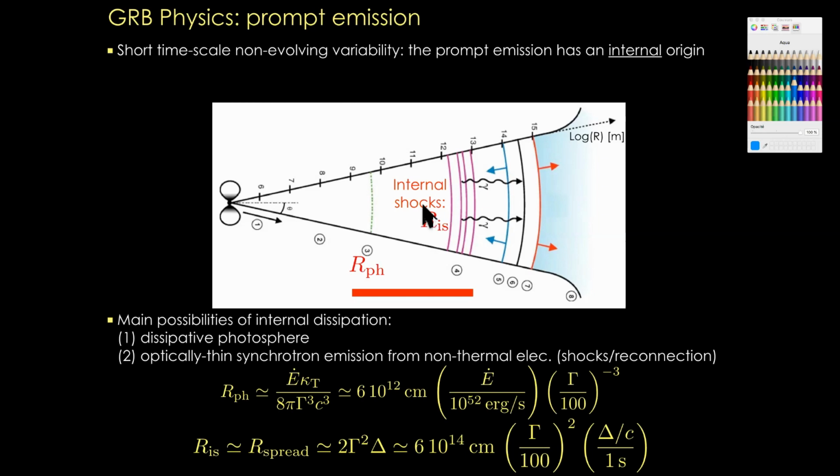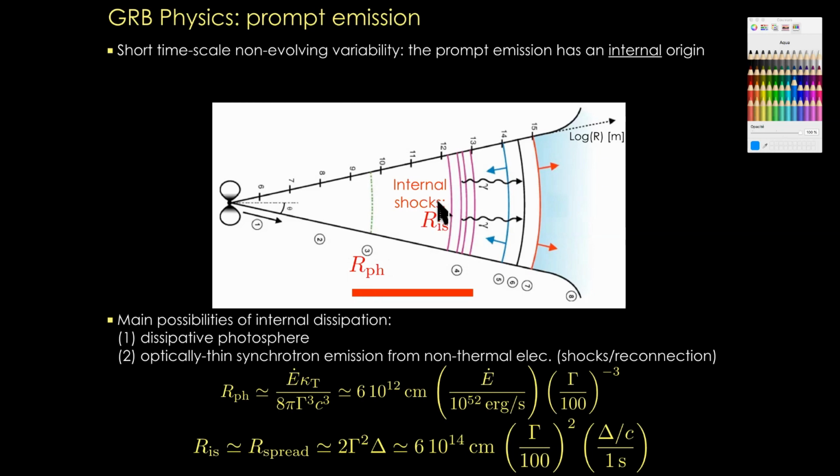And note that all these possibilities can sometimes coexist. For instance, it's very possible to have a component emitted at the photosphere when the ejecta becomes transparent, and to have a component emitted above the photosphere with accelerated electrons, either in shocks or in reconnection.